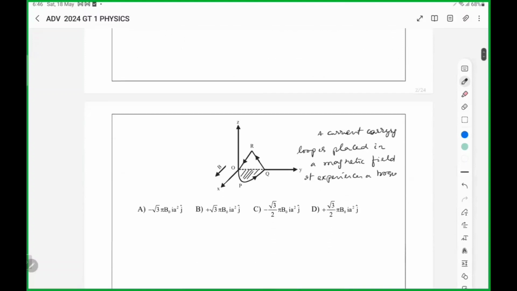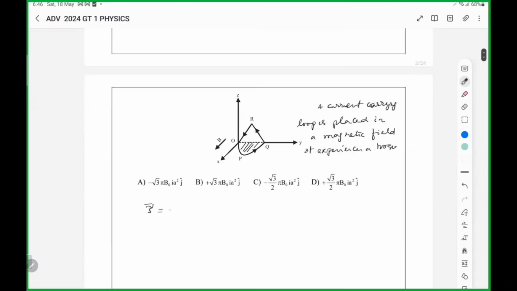The torque is calculated by using the formula m bar cross B bar, where m bar is the magnetic moment, which is defined as I times A bar.